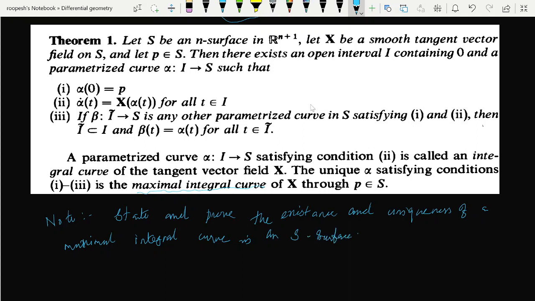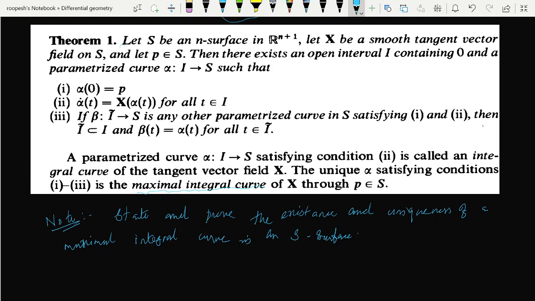So the same theorem can be asked like this also. When such a question is asked, we first have to state the theorem, then we have to prove it. So let us see what this theorem says.